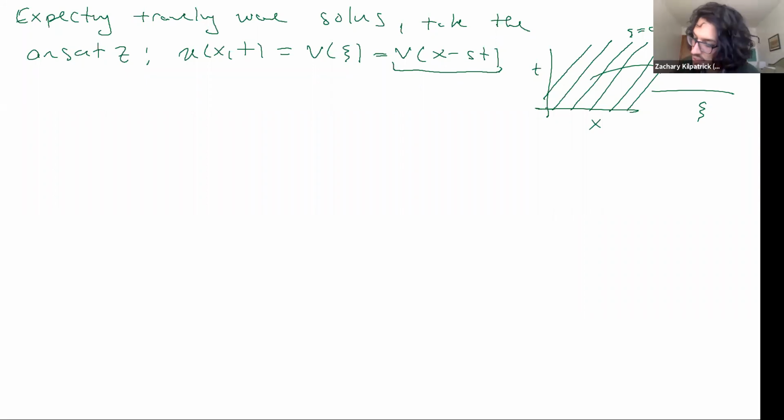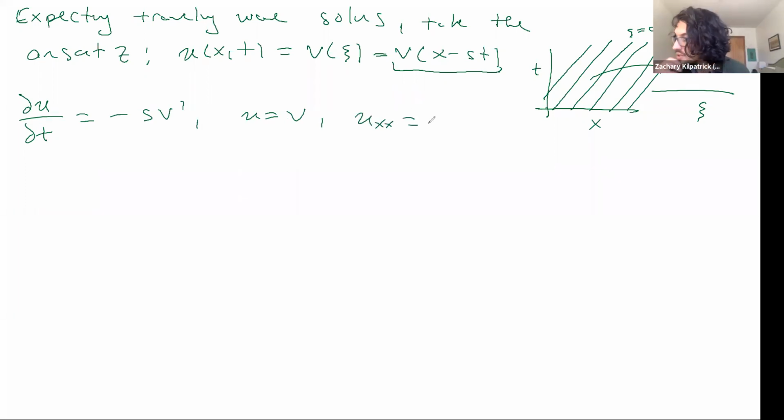So if we plug this in, let's just do this carefully, right? Then we get du/dt equals minus s v prime by the chain rule, right? This is minus s popping out. u is just sort of along for the ride, right? u is just v, and then u_xx is equal to just v prime prime, okay?